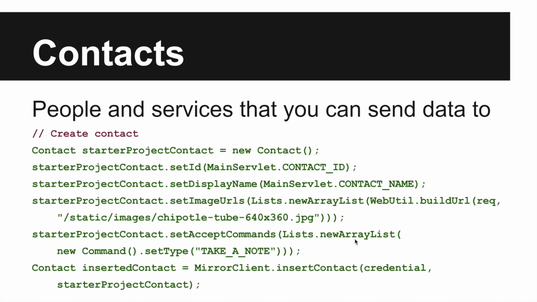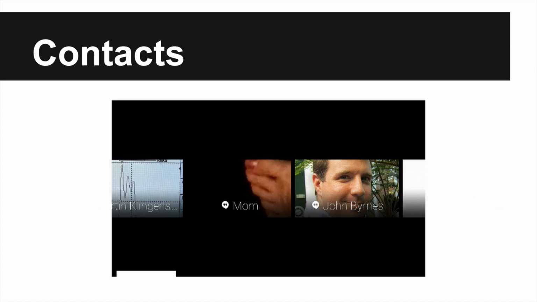I was just mentioning how Pocket might listen on the share. If you have Evernote, it's going to listen on take a note in the Evernote contact. Evernote would be the display name, and you might have an elephant as the image, right? And then you're just going to insert that with that contact using the Mirror client. So pretty straightforward.